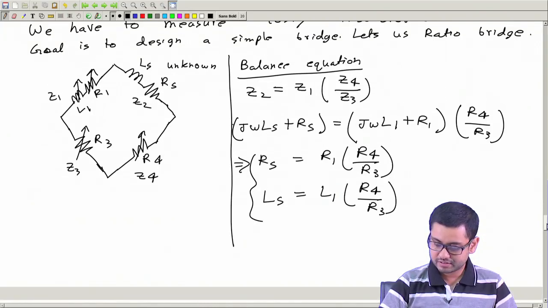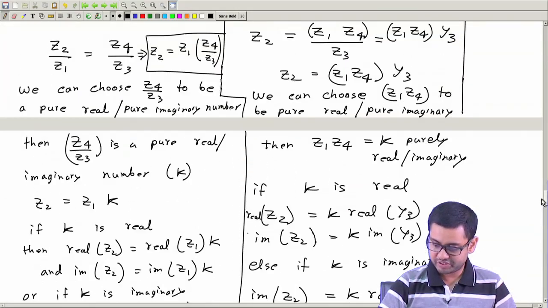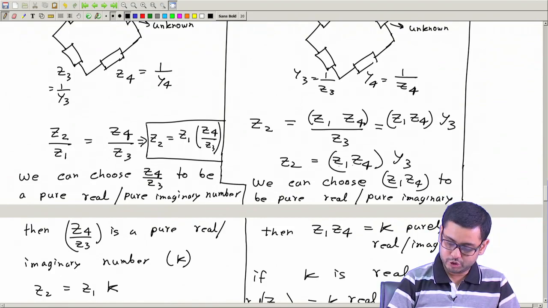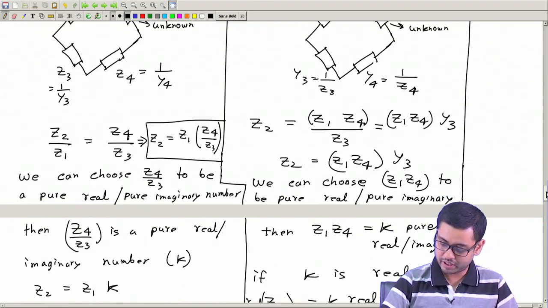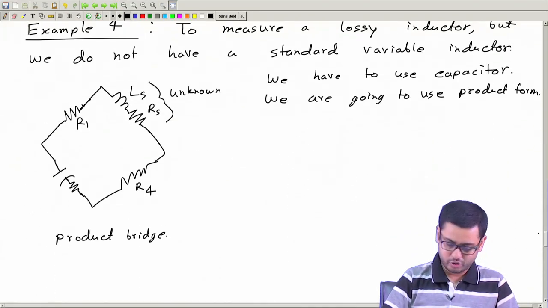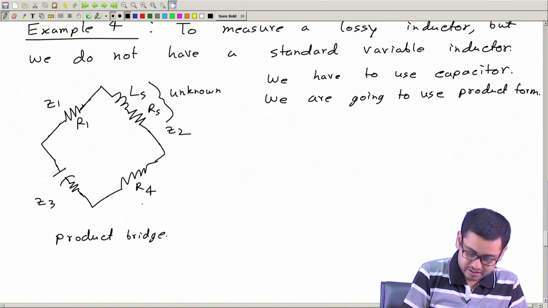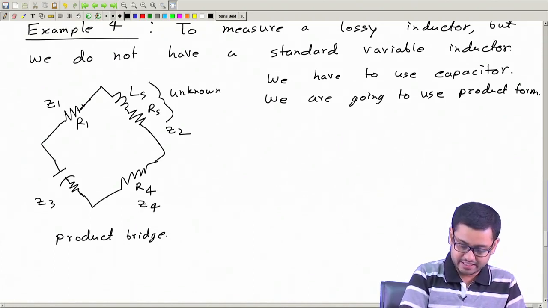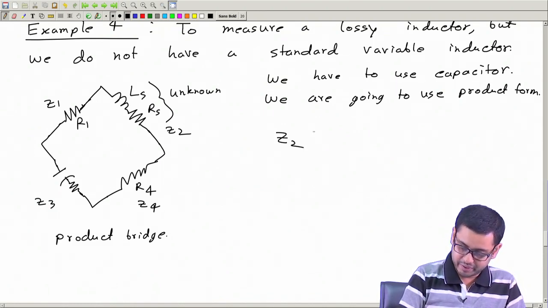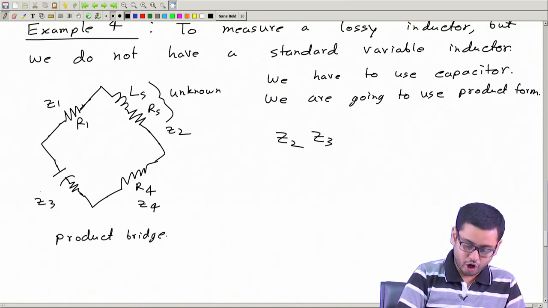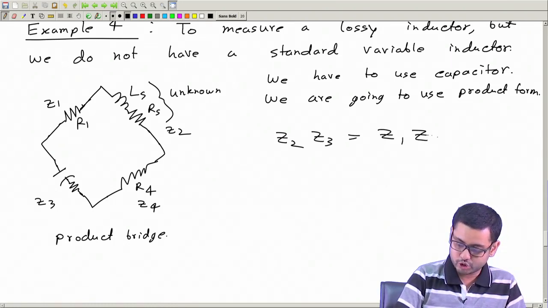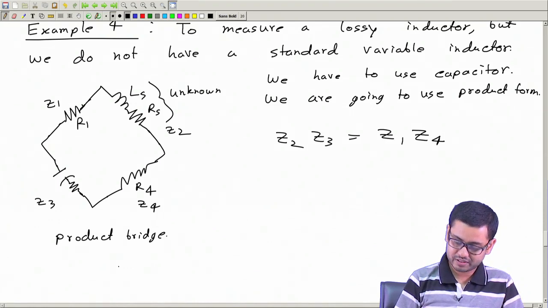From here, Z2 is Z1 Z4 multiplied by Y3, or you can write directly from this. If I call this Z1, Z2, Z3, Z4, we can write directly as Z2 multiplied by Z3, product of opposite arms, same as product of the other two opposite arms Z1, Z4.